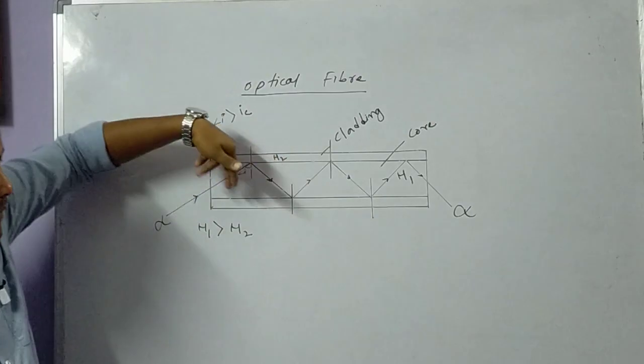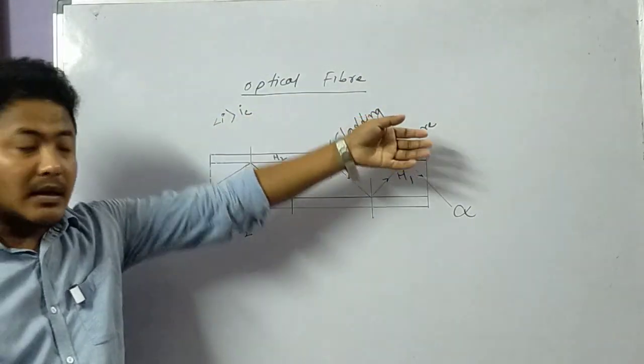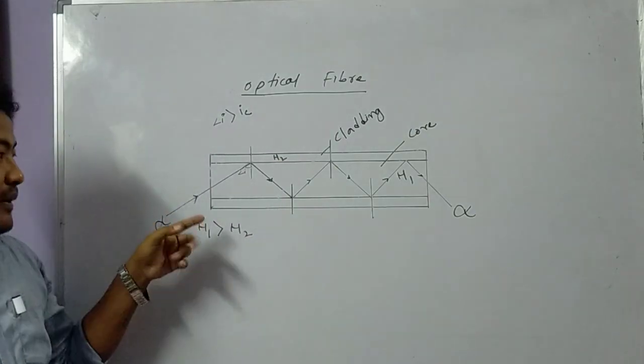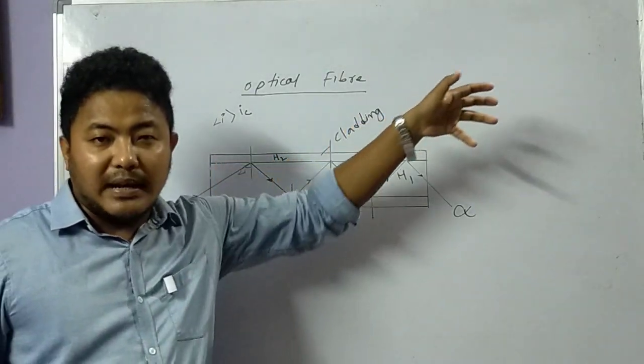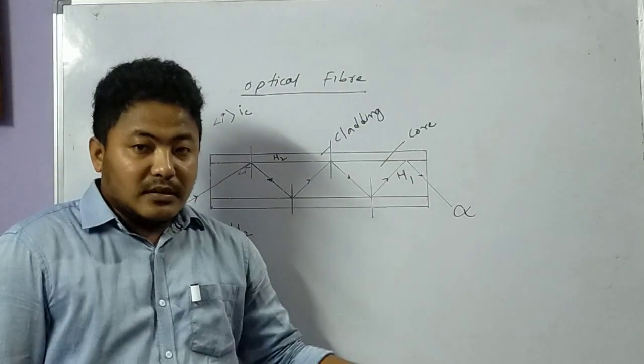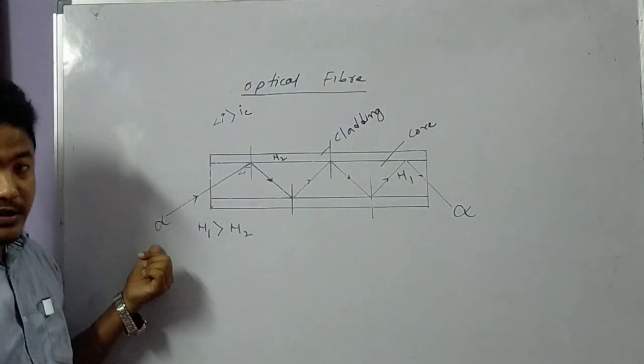Remember, it is traveling from denser to rarer medium, and the angle of incidence becomes greater than the critical angle. That is how, even if you send a signal thousands of miles away from the source, you will find the exact original signal you sent.